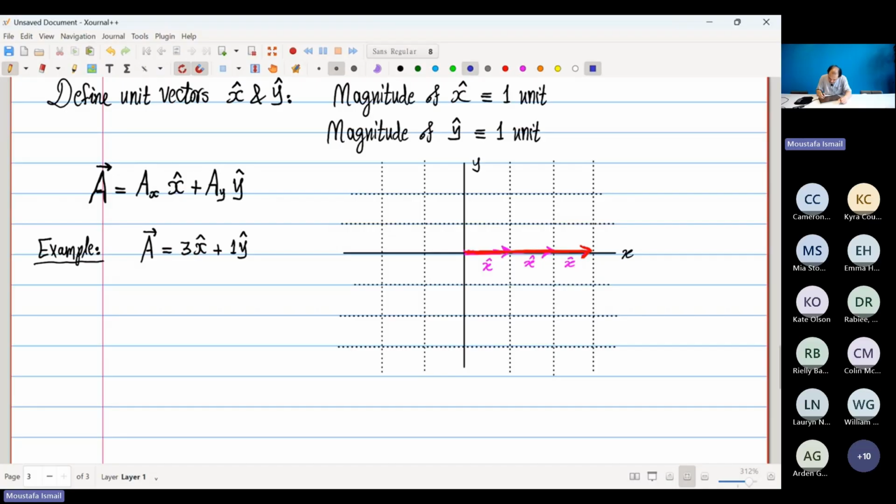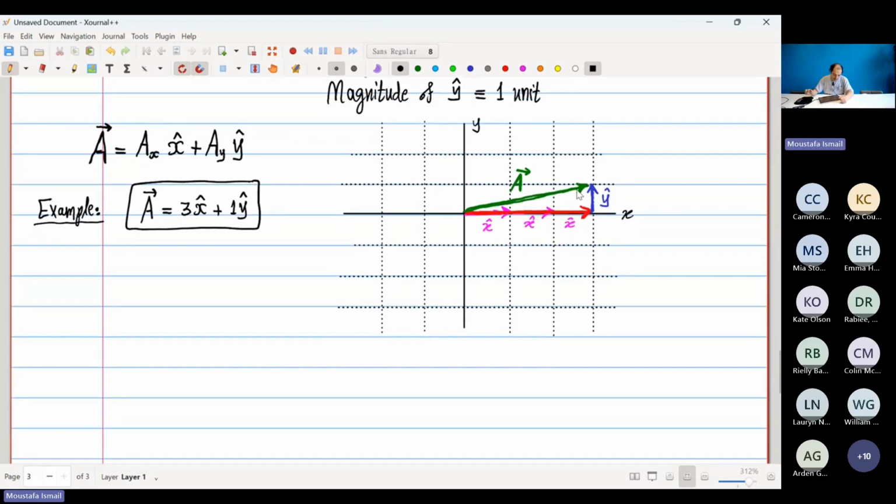So y hat is the same way as this here. This is y hat, and I only have one y hat. And then you add them, vector addition like we learned. So this is head to tail. So you can do this here, and this will be your vector. This is your vector A. So it is composed of 3 units along the x-axis and 1 unit along the y-axis. And this is what this notation means.